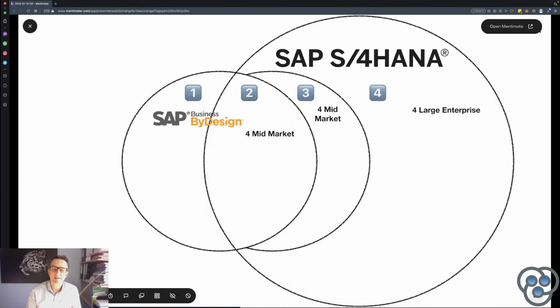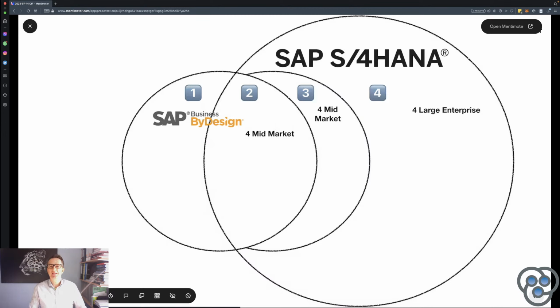This is a drawing that I came up with in our team meeting at AdaPro. We discussed, if you are in the mid-market, how do you decide between S/4HANA Cloud and SAP Business ByDesign?